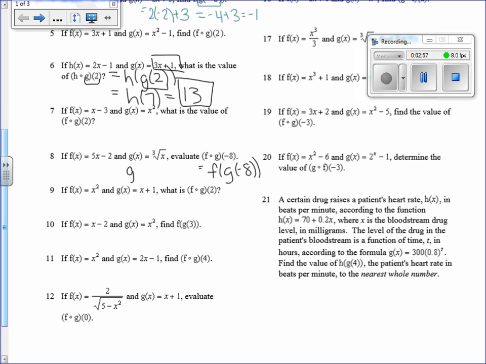So G of negative 8, remember you pull out the negative, and then I want to know the cube root of 8. The cube root of 8 is 2. So G of negative 8 is negative 2. So negative 2 is what I'm going to be plugging into F. When I do F of negative 2, that's going to give me negative 10 minus 2, which is negative 12. So negative 12 is your final answer.